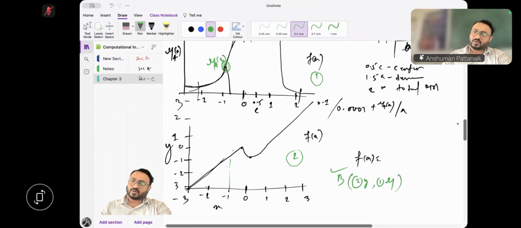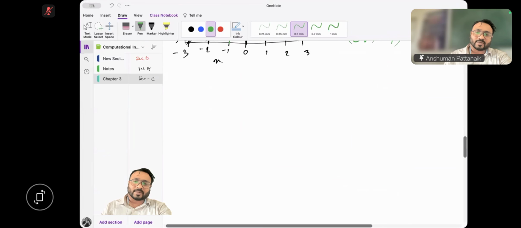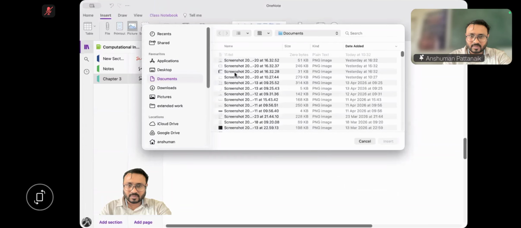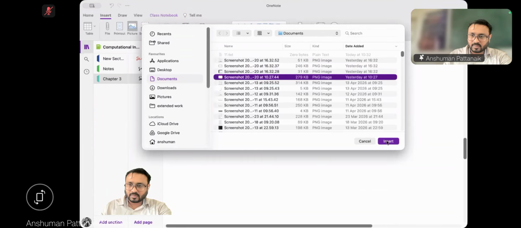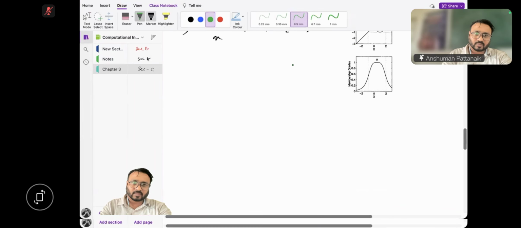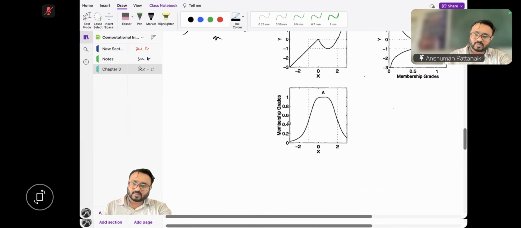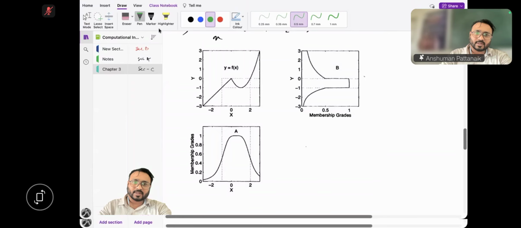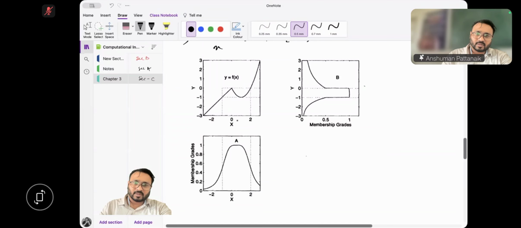Yes, sir. Okay. Let me grab the original diagram from the book so that you will get it easily. Just a minute. So if you look into the diagram, see, this is f of x.